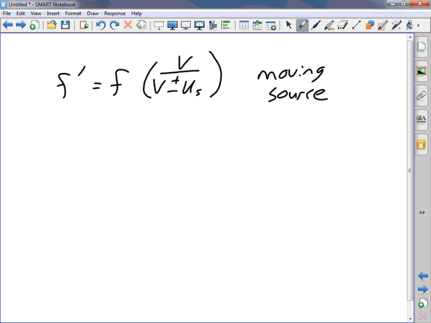Plus or minus means moving away and moving towards, and you have to actually choose which one to use here. U sub S.